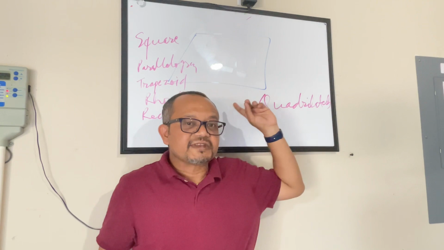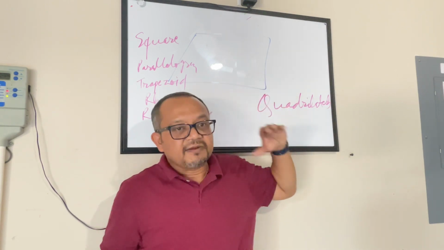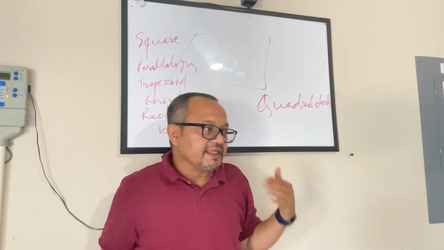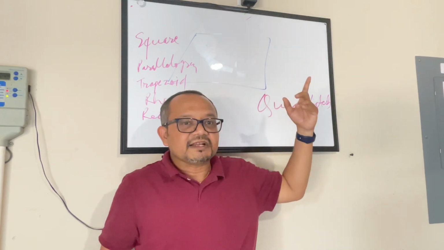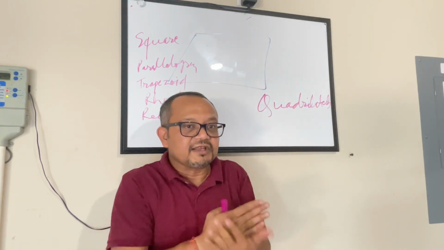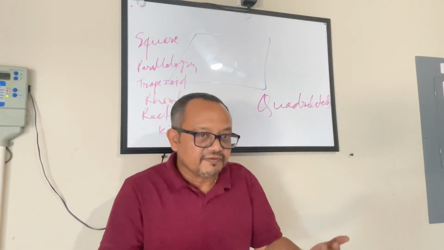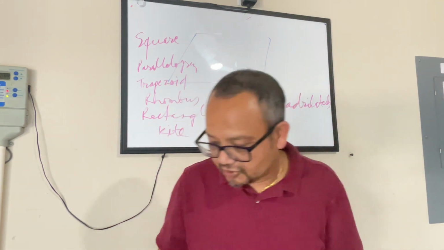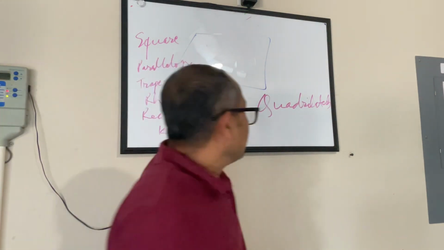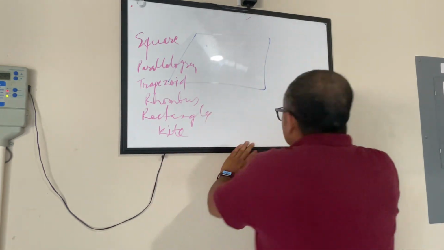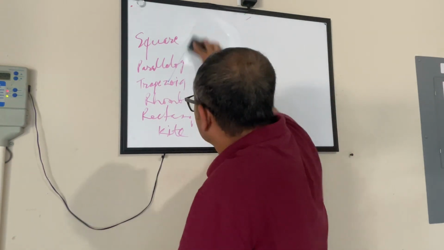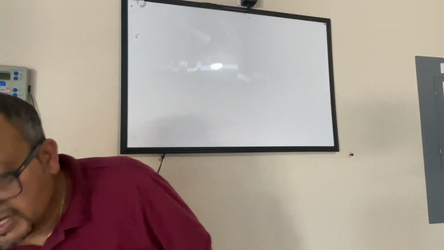That's why I'm emphasizing so much on recollecting the properties, and then we will use that understanding for deriving other formulas or proving different theorems. So let's look at the properties of some of the quadrilaterals today, and then we will get on to the area, volume, and other things in future classes.